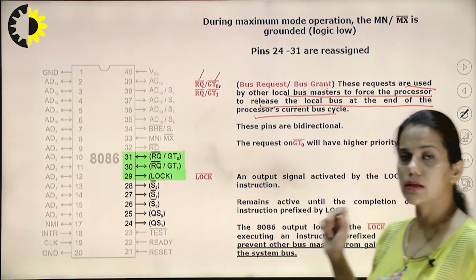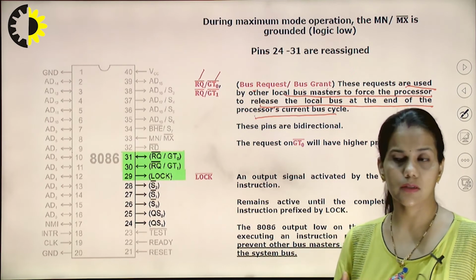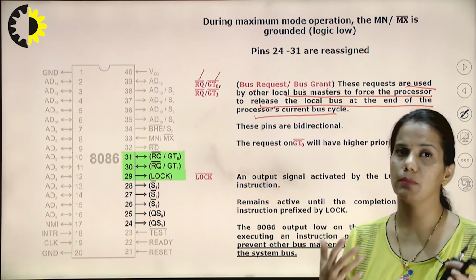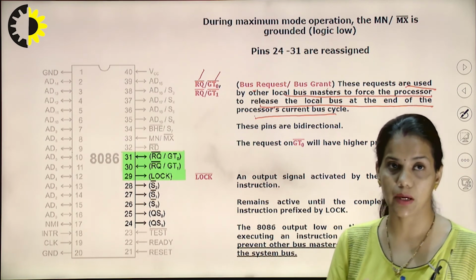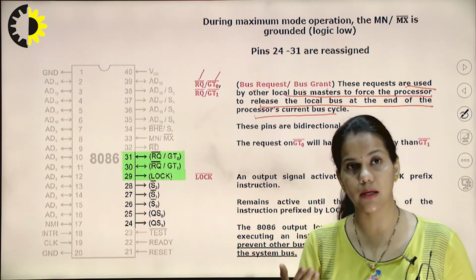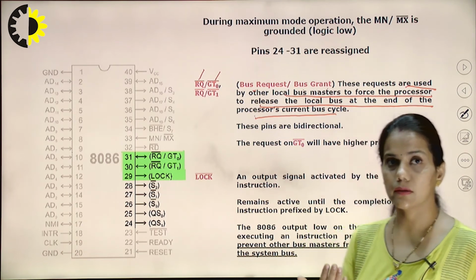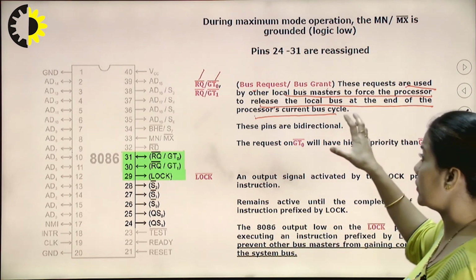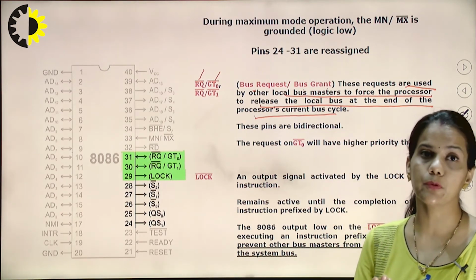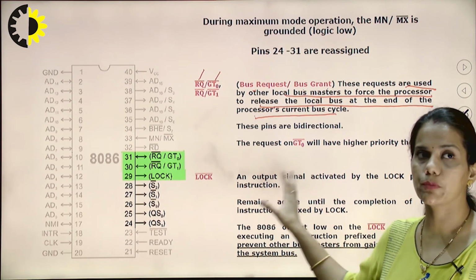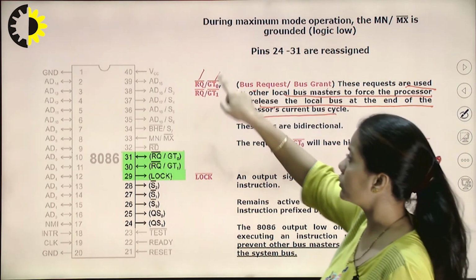So this is the request to the processor. In the maximum mode many bus masters are there, because many coprocessors are working in the maximum mode. If another master needs the local bus, how will it put the request? It will send the request signal through these lines.